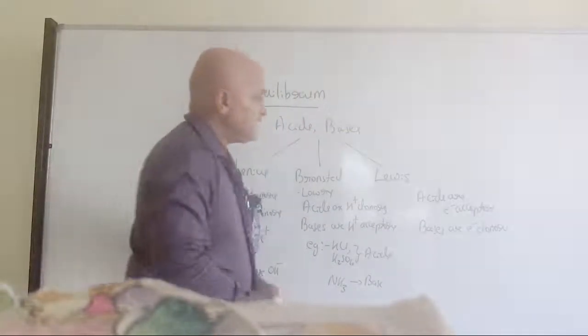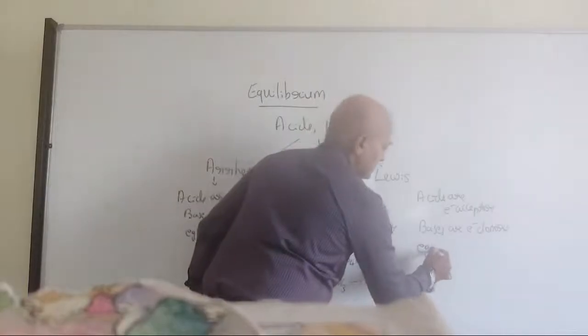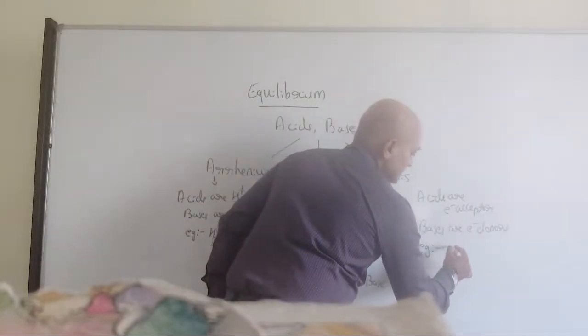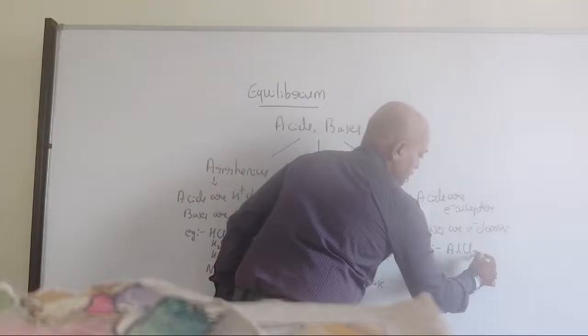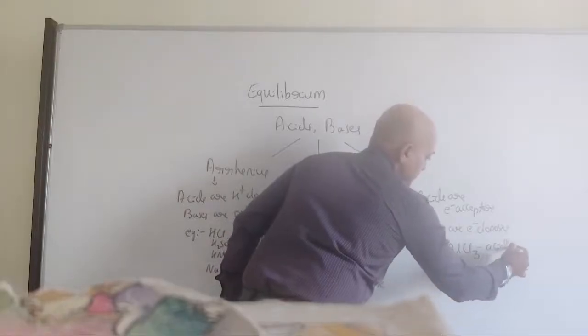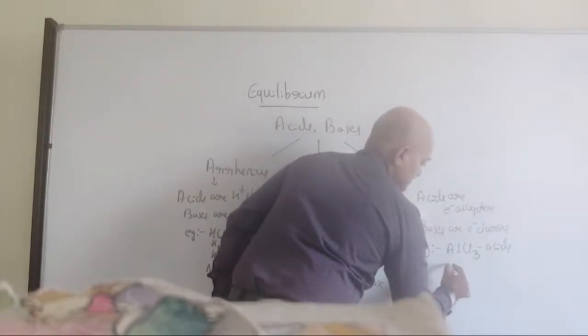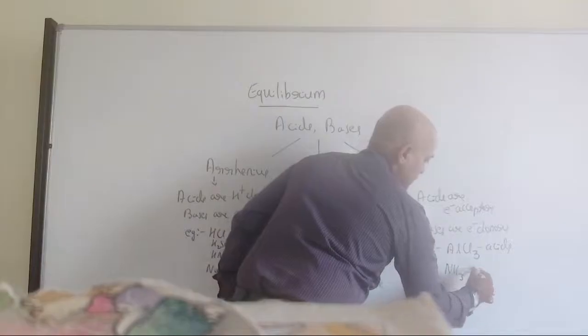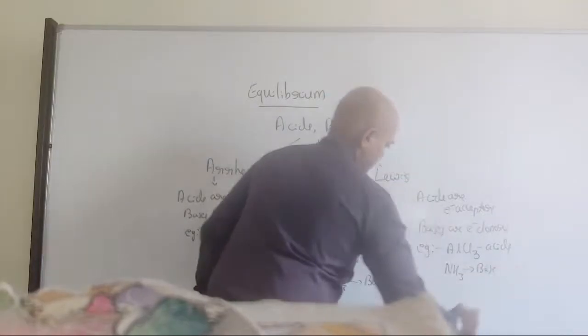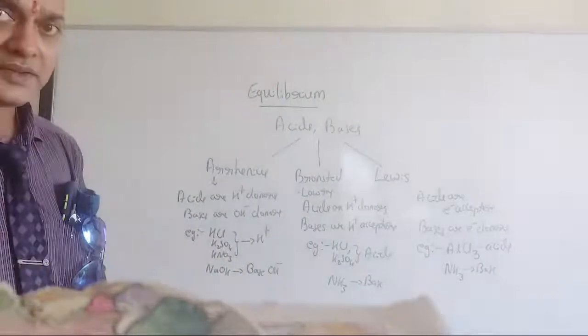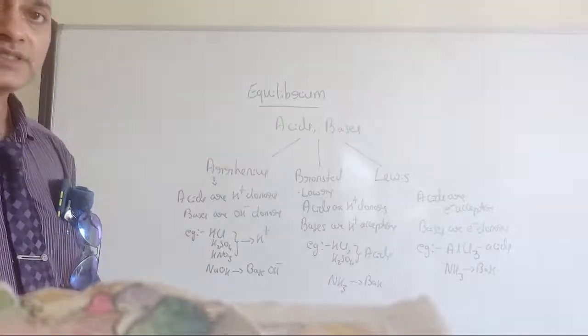Okay? So you can take the example. For Lewis acids, we can take aluminium chloride as the example, and for bases, we can take ammonia as the Lewis base. You can give plenty of examples.